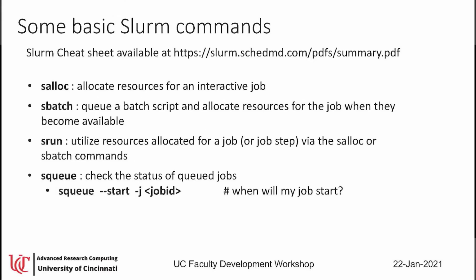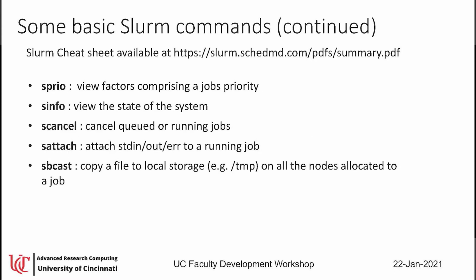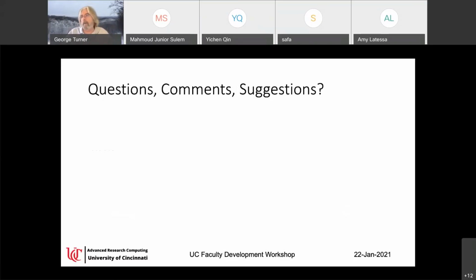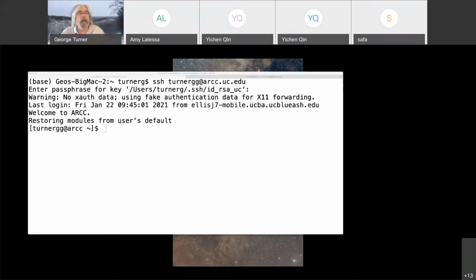If you get to the point where you're pretty good at these commands, I have a couple of pages of Slurm commands that you'll want to learn, and these will become your everyday left-handed screwdrivers. So with that, I'm going to try switching from PowerPoint.